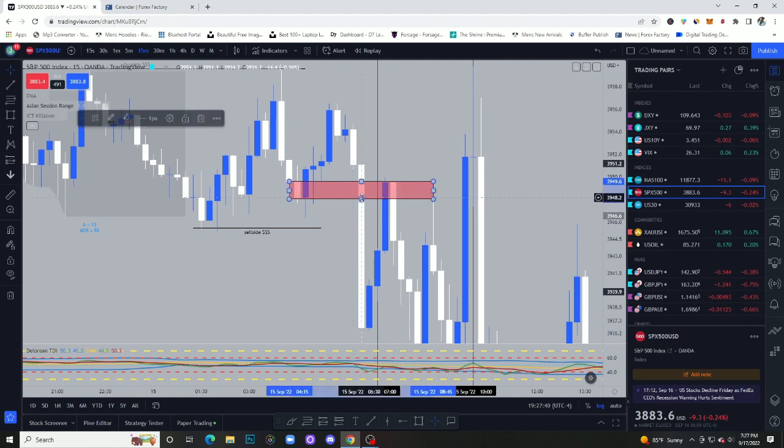When it comes to breaker blocks, you can either use the open or the close of the candle of the actual failed order block, or you can use the highest bearish candle, the last highest bearish candle before the impulse move. My bad. You can use the highest bearish candle before the impulse move down to turn this bullish order block into a bearish breaker block.